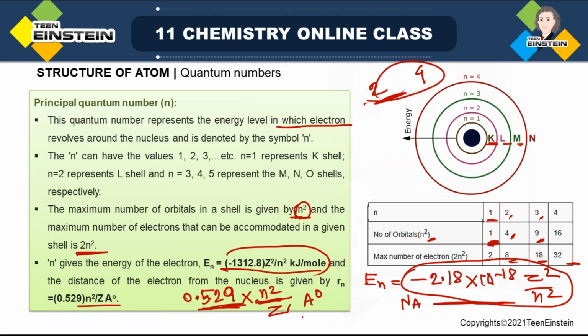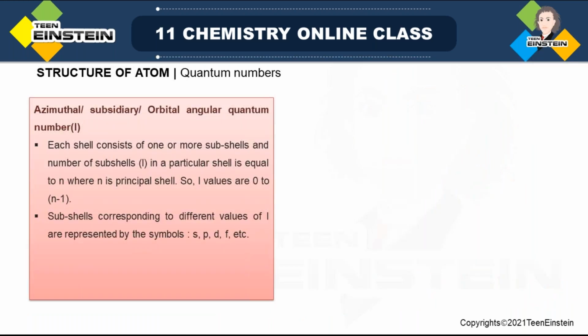What is the information that you can get from this number? Everything is mentioned here. Next, we will go to the second quantum number, which is azimuthal, but you should also know the other terms that are used for this second quantum number. It is also known as the subsidiary quantum number or orbital angular quantum number, because from this number you can find out orbital angular momentum. So that is why another name is orbital angular quantum number.